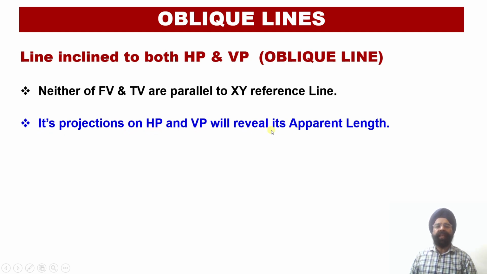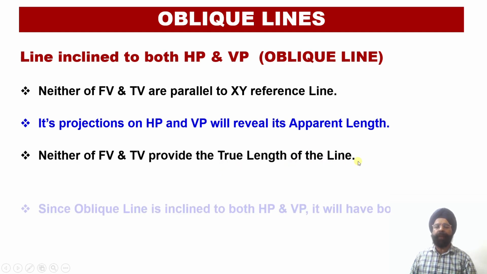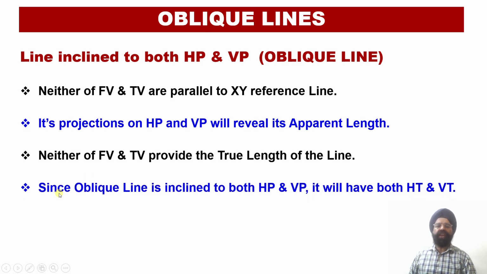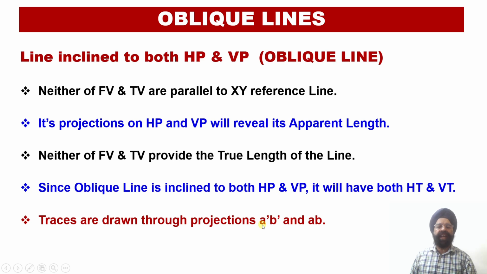So here we have the projections of the oblique line on the horizontal plane. They will reveal the apparent length of the line in the front view as well as the top view. So we are not going to obtain the true length of the line as projections on HP and VP. Due to the inclination of the oblique line with respect to HP and VP, we are going to obtain the horizontal trace as well as the vertical trace corresponding to an oblique line, and these traces should be obtained through the projection lines A dash B dash and AB, right?